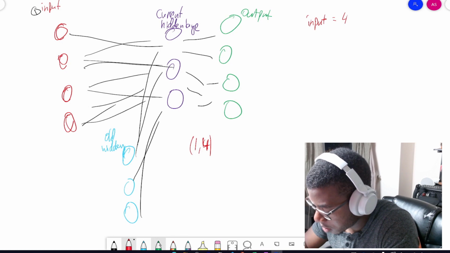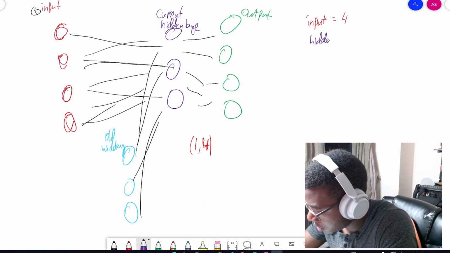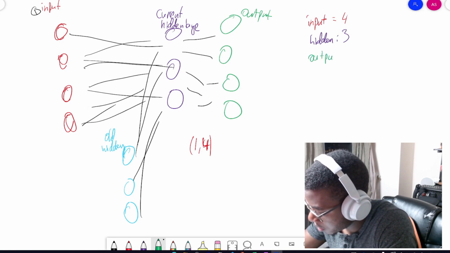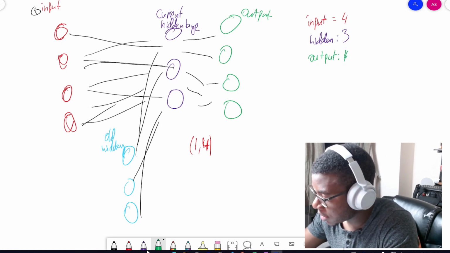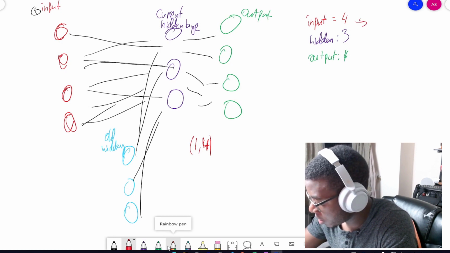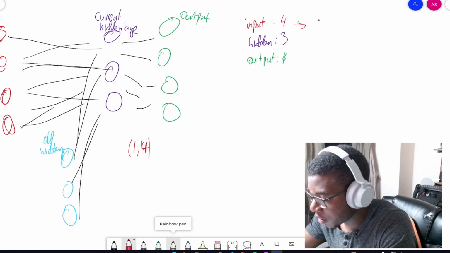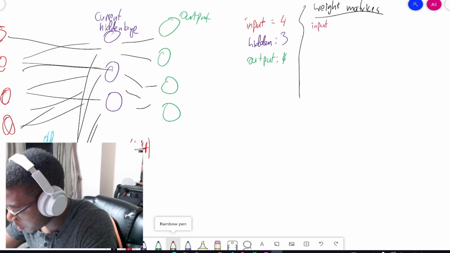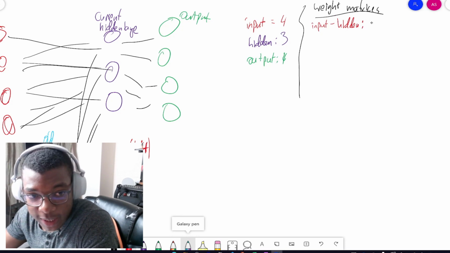Our hidden layer is 3 nodes, and then our output is 4, meaning that the weights that connect our input and our hidden layer will have to be a matrix of size input to hidden, which is 4 by 3, right?